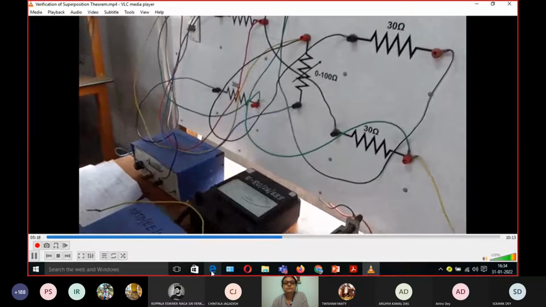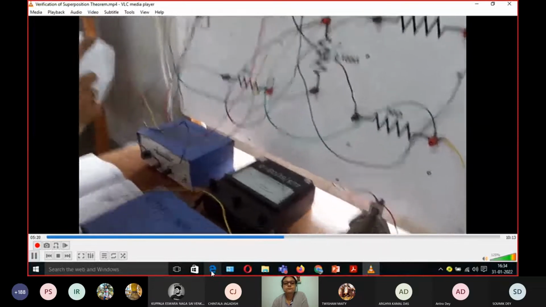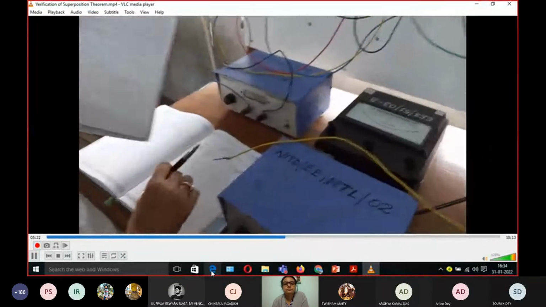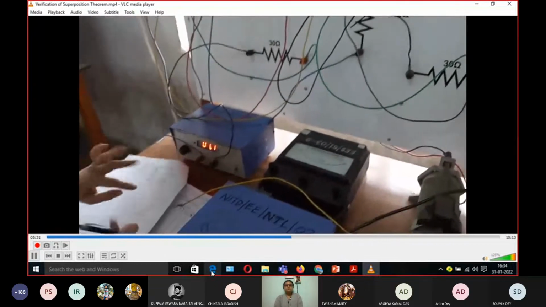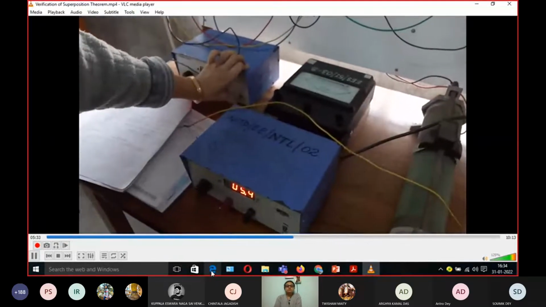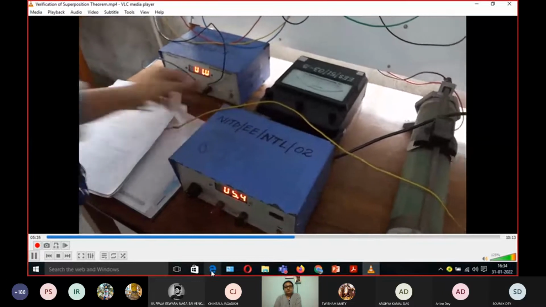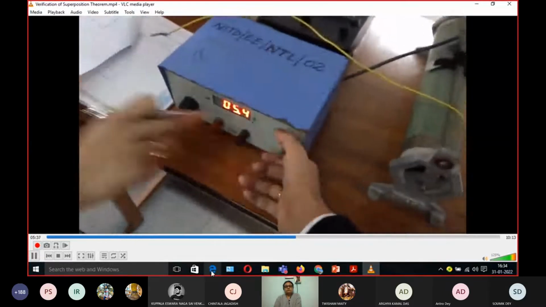Okay, removed. Now we are going to have the next set of reading. That means V1 is connected only, and we will measure all these three currents. So now I am making it on. Quick, we can switch it off.